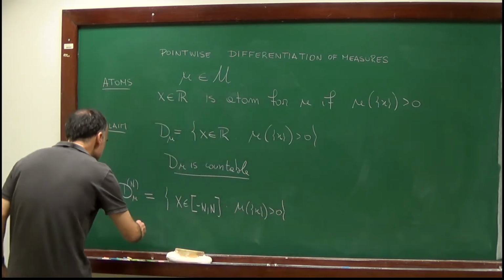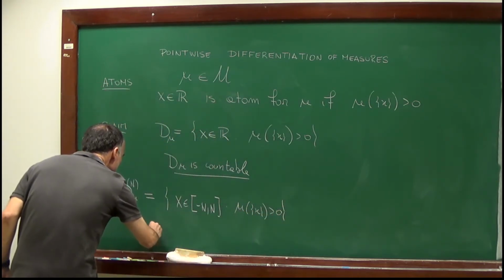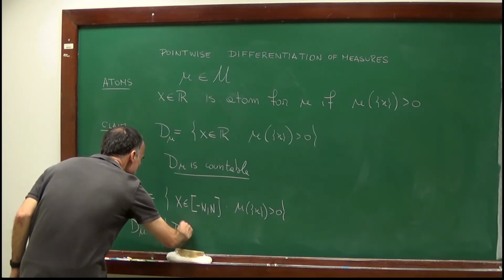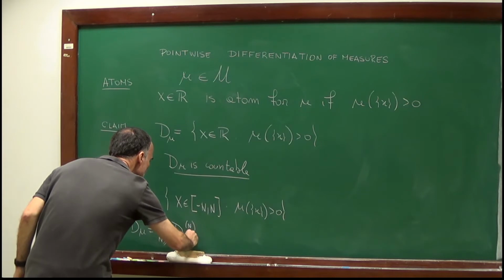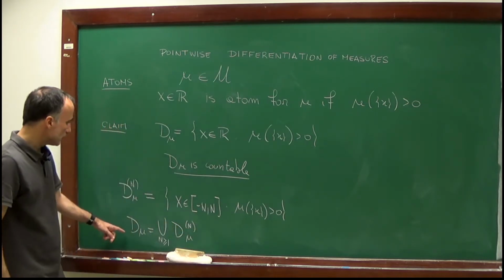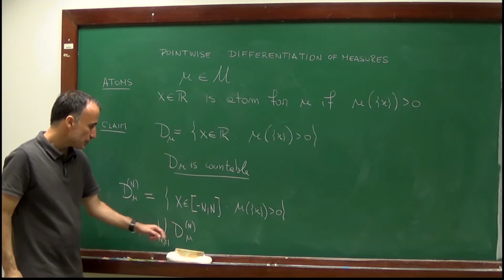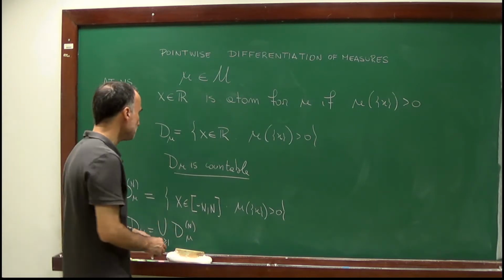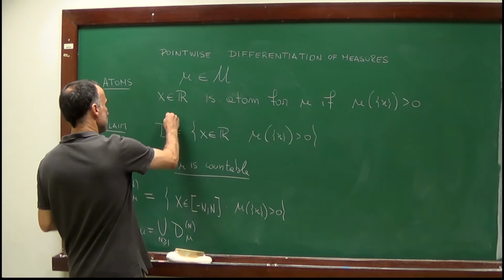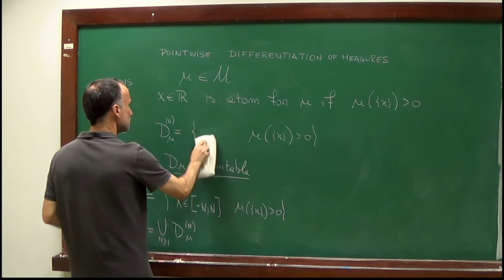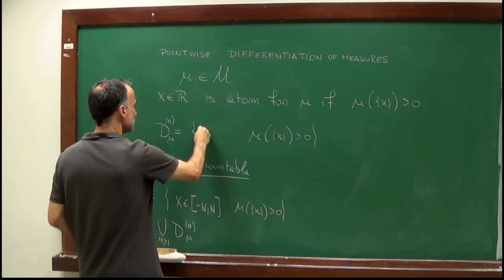And it's clear that D(mu) is equal to the union of the D_n(mu). So in order to prove that D(mu) is countable, it's enough to prove that D_n(mu) is countable. So what I need to prove is that D_n(mu) is countable.